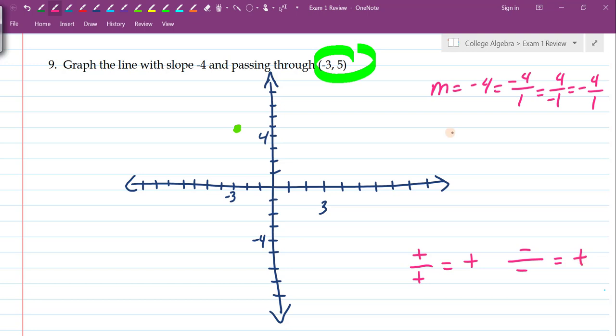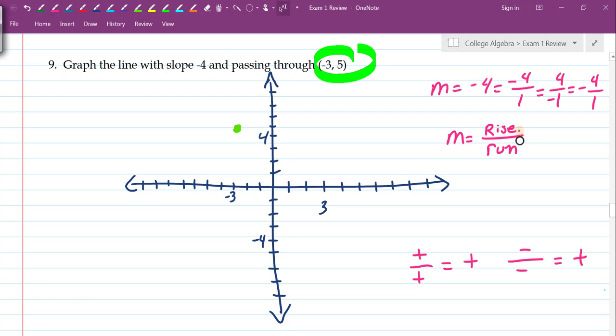So remember that your slope m is equal to rise over run. Either move the rise negative or the run negative if your slope is negative, but don't change both signs, okay? So don't change both signs.